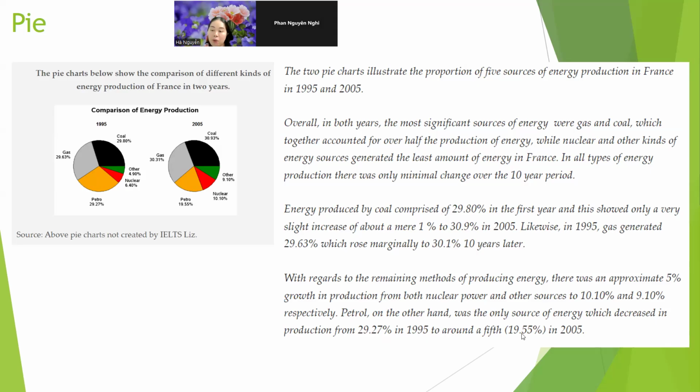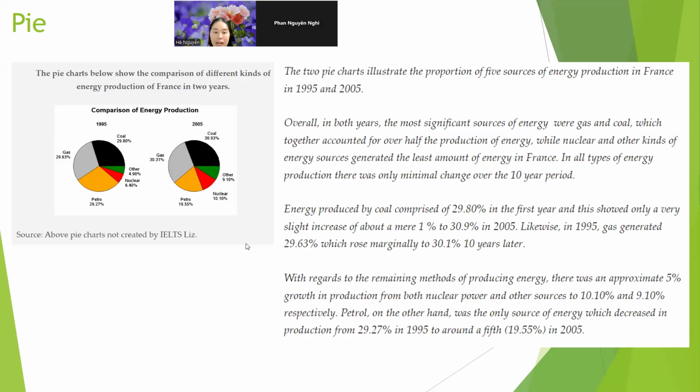So you see 19.55 is nearly 20%, and 20% is around a fifth. Sorry, 20% is a fifth. So for pie chart, remember you can use fractions, a fifth, a quarter, a third, and so on, in place of specific numbers.